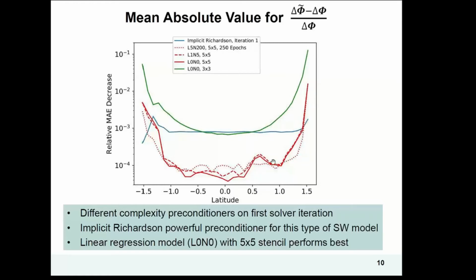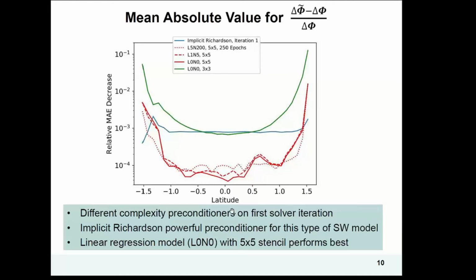And in solid red, you see the linear regression model with 5x5 input stencil. And what's quite surprising, but what came out of this, is that using deep neural networks didn't really give us an edge at all compared to linear regression.